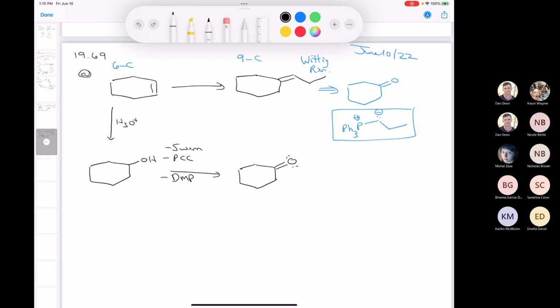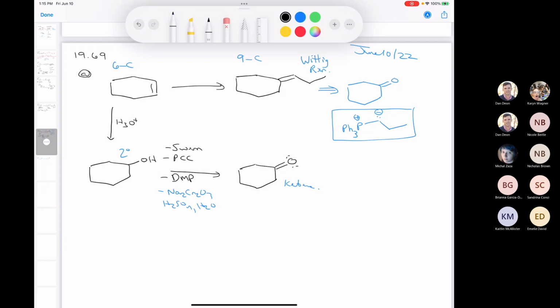The Swern is DMSO and oxalyl chloride, followed by triethylamine. I'm not going to write those down, but any one of these would work. You could also use the Jones reaction, which is sodium dichromate, sulfuric acid, and water. Those would all be reasonable for this oxidation because you're taking a secondary alcohol and converting it to a ketone.